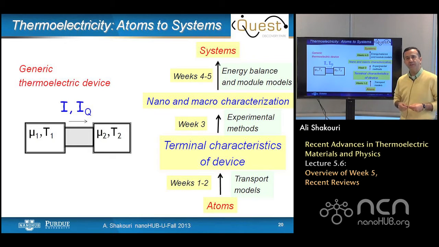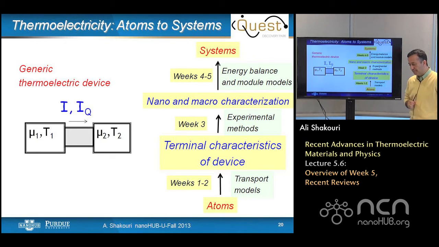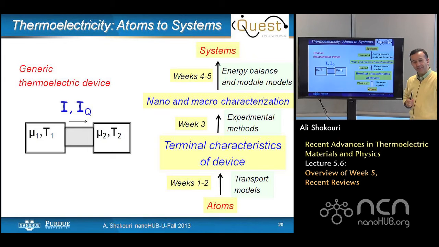By calculating the electrical current and the heat current, Professor Datta showed how the two can be coupled, how you can derive thermoelectric effects, Seebeck, Peltier effect, and even important relations such as Kelvin relations using the fundamental understanding of a single level atom.